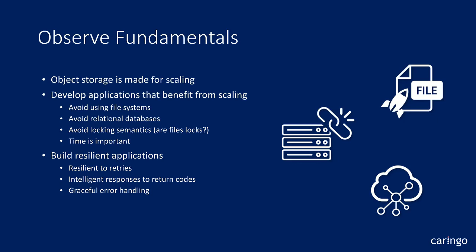And I put the question on here: are files locks? We have seen applications that use files in that manner, where they will create a file in order to let other people know that I'm doing something. And so the other processes look out there and say, does that file exist as a proof of the lock?